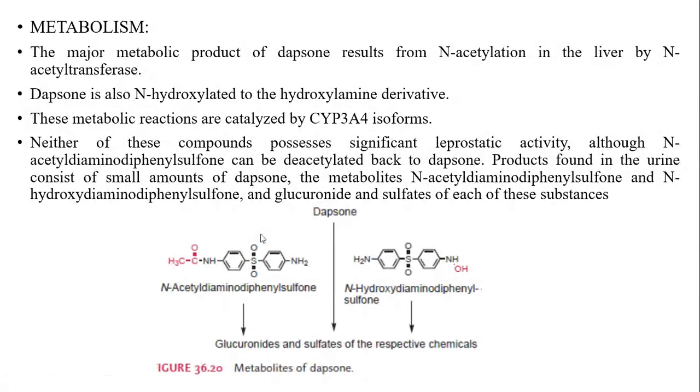The metabolites N-acetyl diaminodiphenylsulfone and N-hydroxy-diaminodiphenylsulfone and the glucuronide and sulfate of each of these substances. So these are the metabolic products of the dapsone.